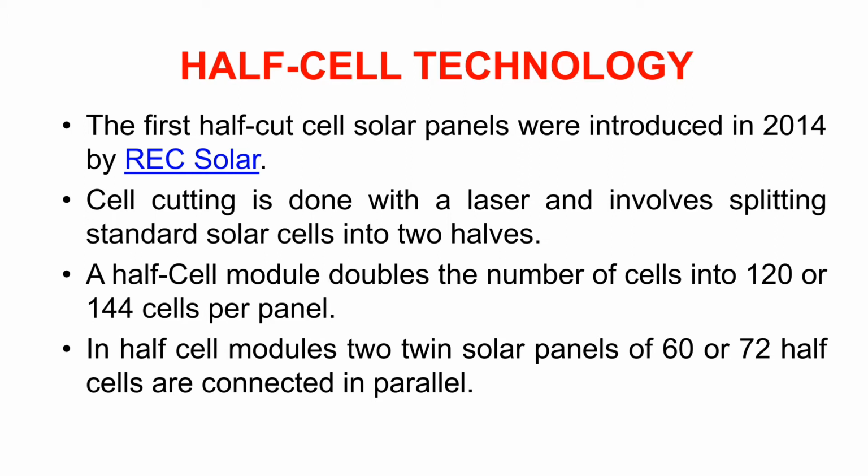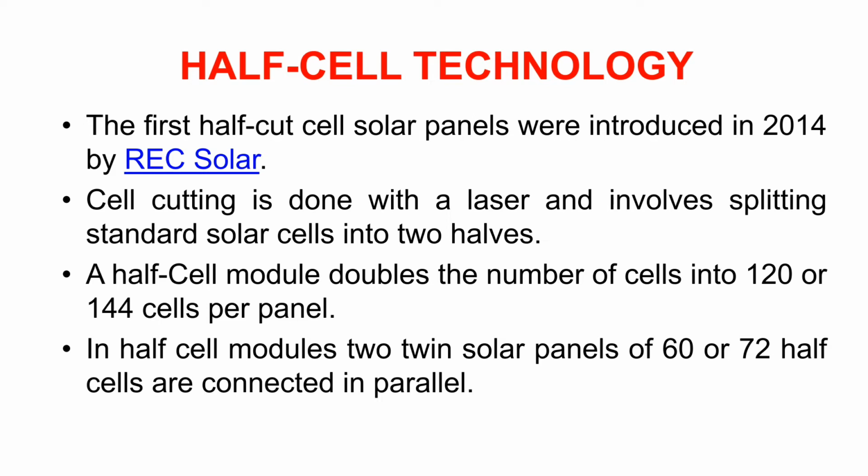Now friends, can you tell me how many full solar cells are used in a normal type of solar panel? Okay, you are right. Normal solar panels have 60 or 72 full solar cells. So in half cell technology, the solar cells will be double of it. It will be 120 or 144 half solar cells.